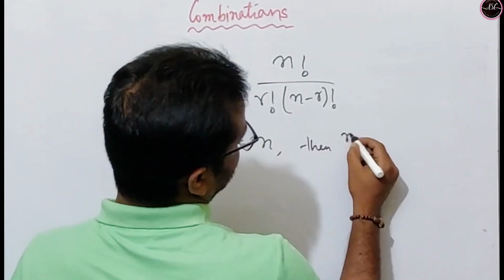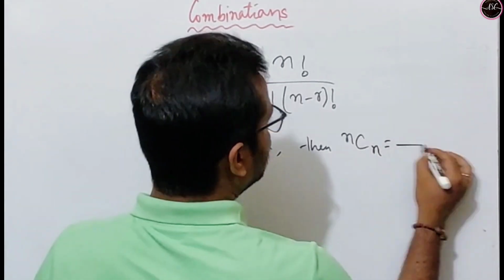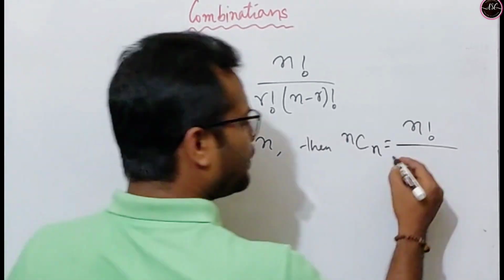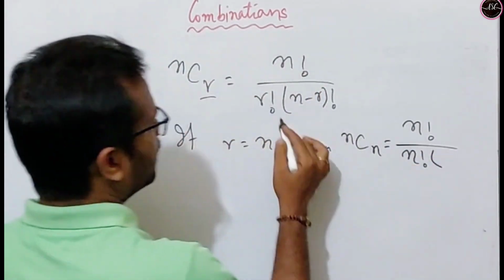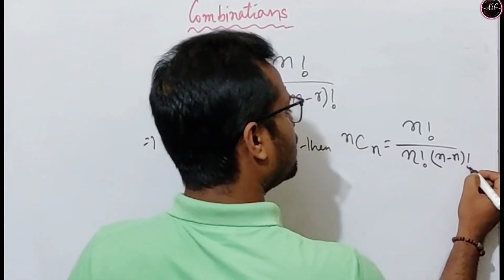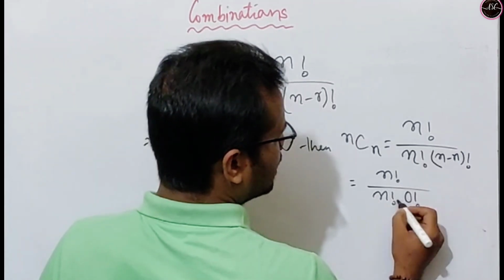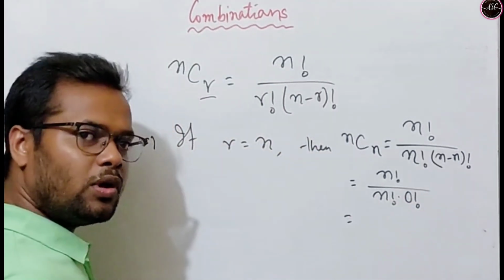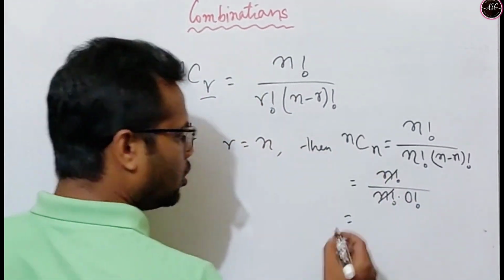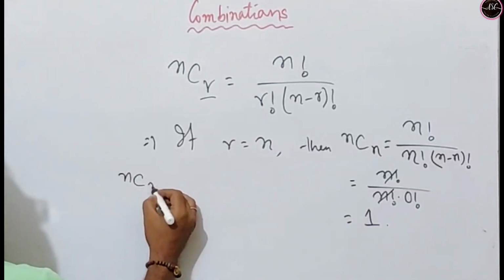Here r equal to n, so just putting this n we get n factorial divided by, in the place of r factorial we put n factorial, into n minus r, that means n minus n factorial. So we have n factorial divided by n factorial into 0 factorial. Okay, so 0 factorial equal to 1, we have known from the previous class, and here n factorial will be cancelled out, so there will be 1. So the value of nCn equal to 1.